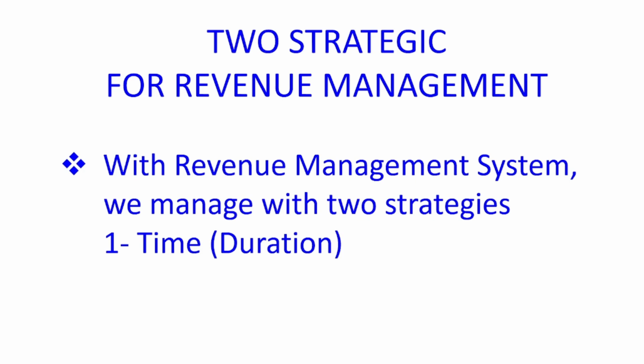Time includes duration. Number two is price, that we usually call rate. We need to remember revenue management is that we do something with our time and price. That is our two strategic levers. So let's see them one by one.